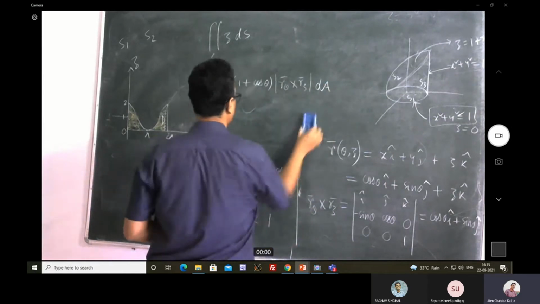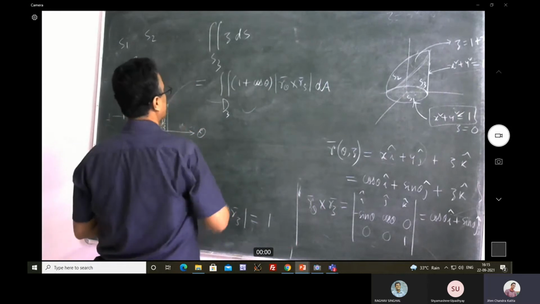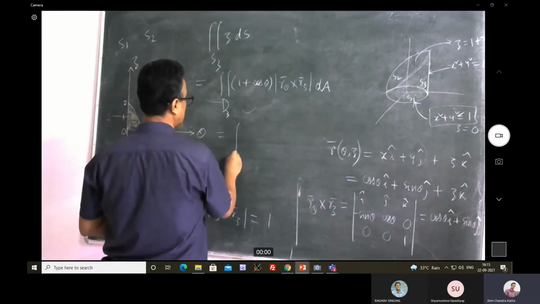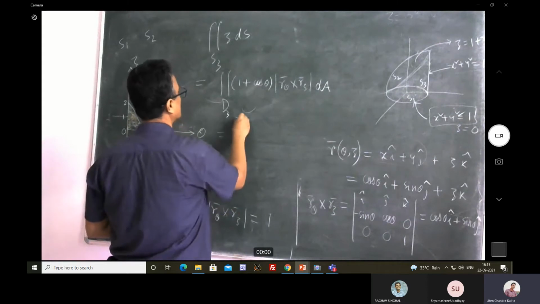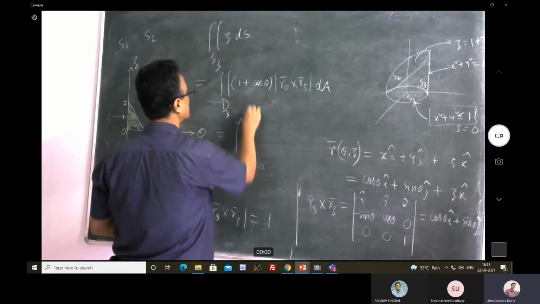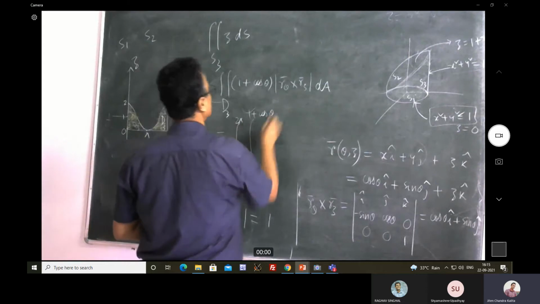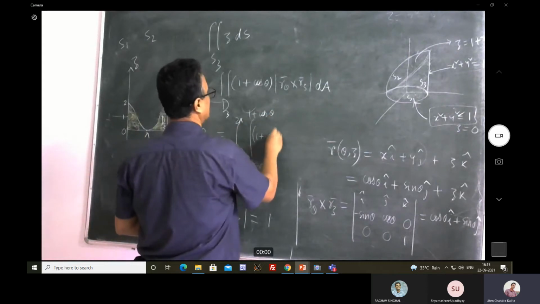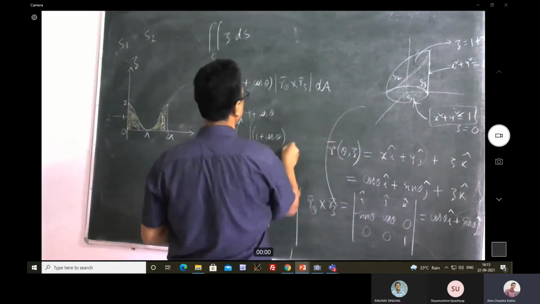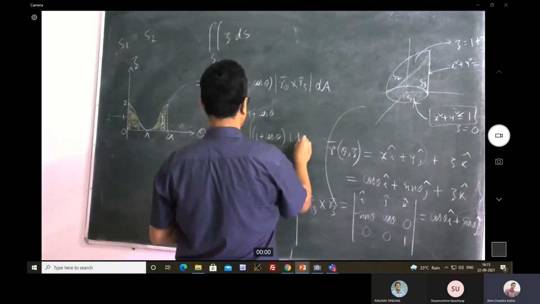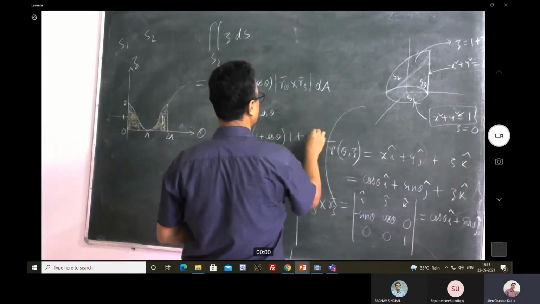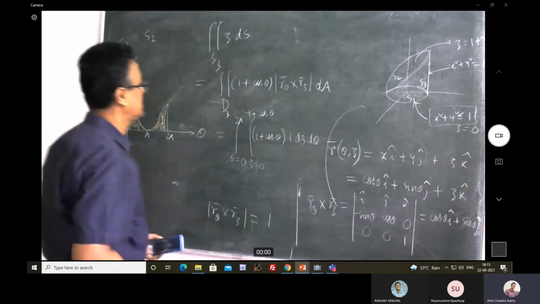So eventually, I can write it as theta equal to 0 to 2 pi, then z goes from 0 to 1 plus cos theta, then z, and then this is simply 1, dz d theta.